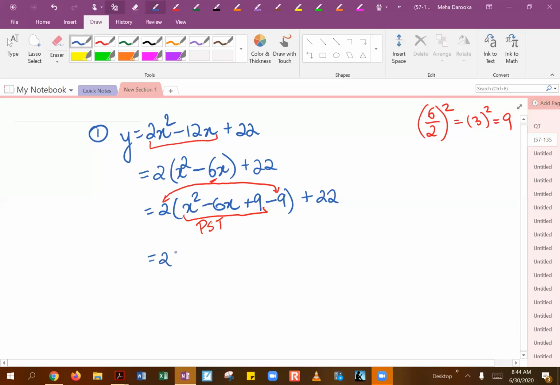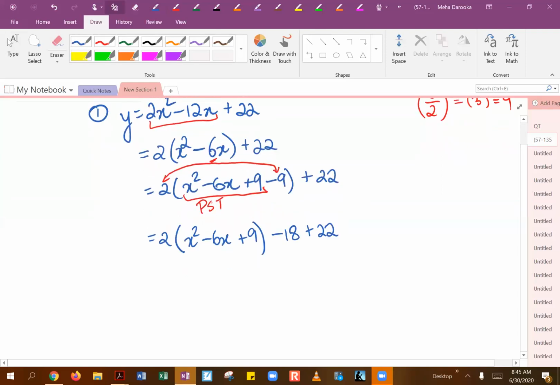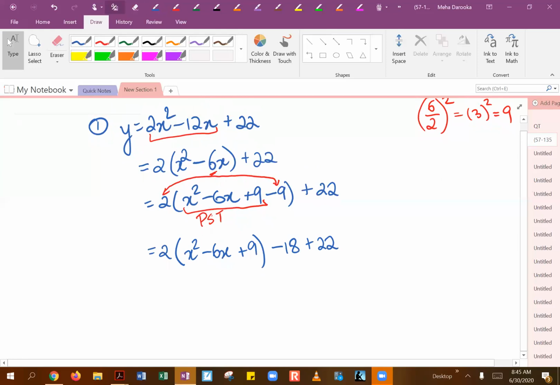So that means we will be left behind with 2 in the front, x squared minus 6x plus 9, which is what I just want inside my parentheses. And then when I multiply 2 times negative 9, I get negative 18, and then bring down that plus 22. So this is how we actually get rid of that negative 9 and bring it outside of our parentheses.